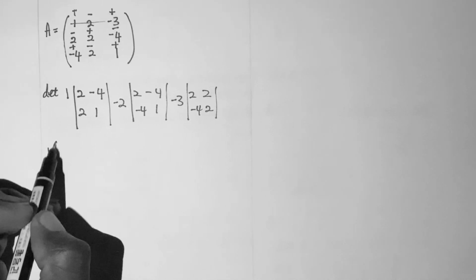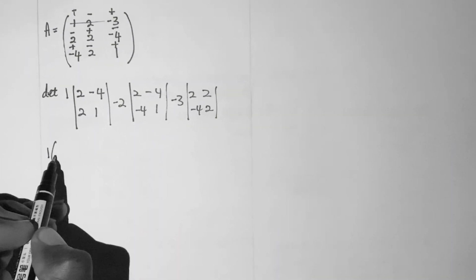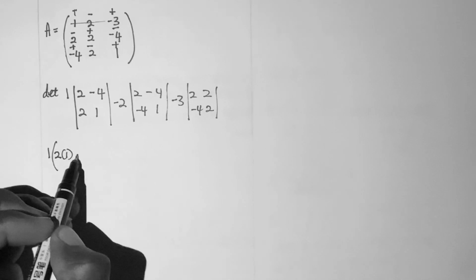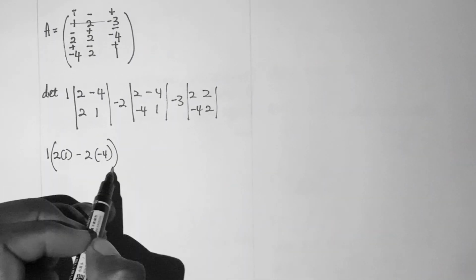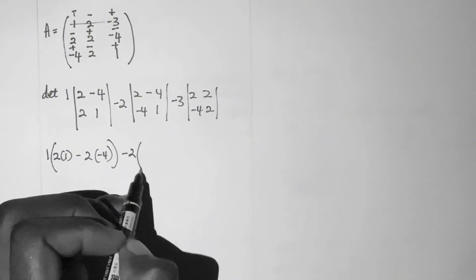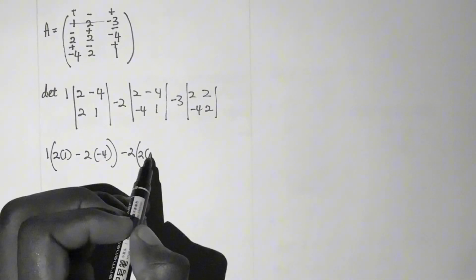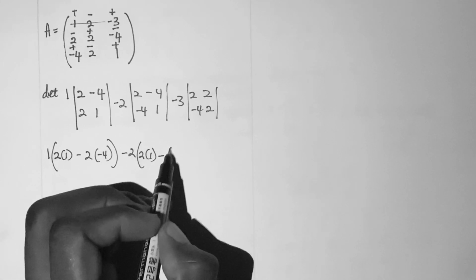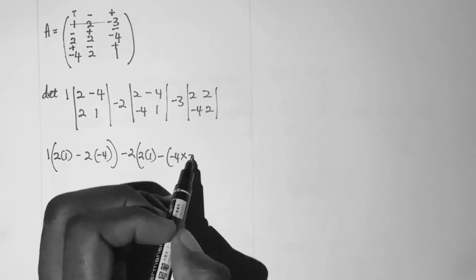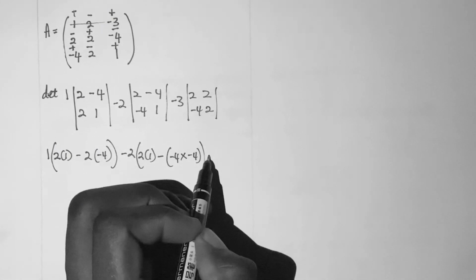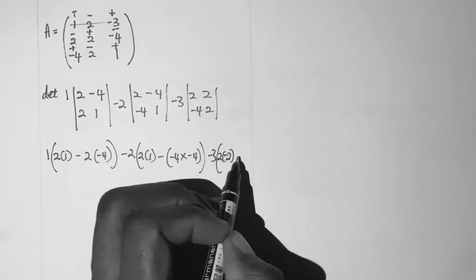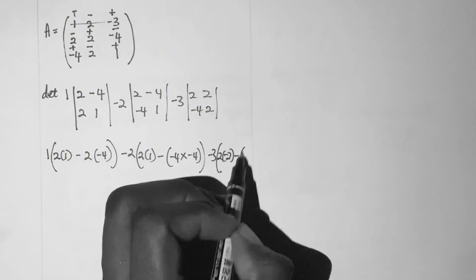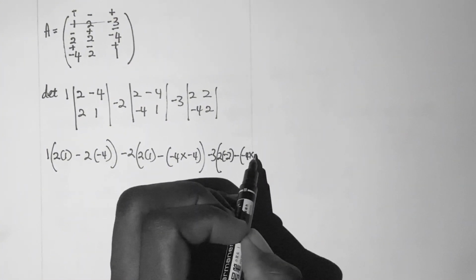So here becomes 1 times, we multiply the leading diagonal, which is 2 times 1, then minus 2 times minus 4, and then minus 2 bracket 2 times 1, then minus 4 times minus 4, then minus 3 bracket 2 times 2, then minus 4 times 2.